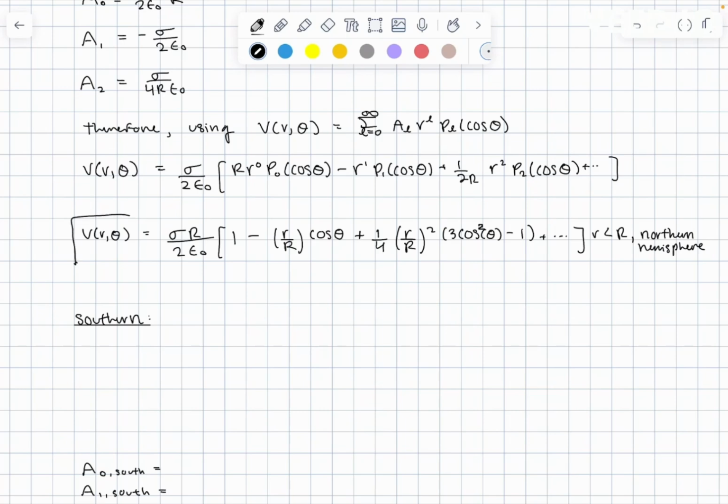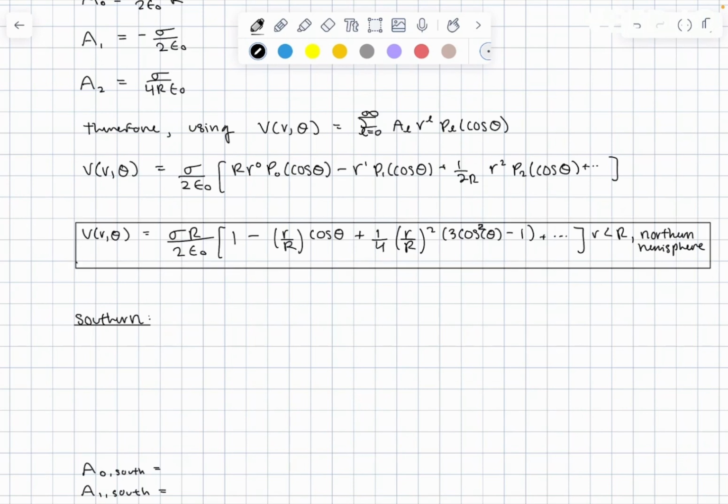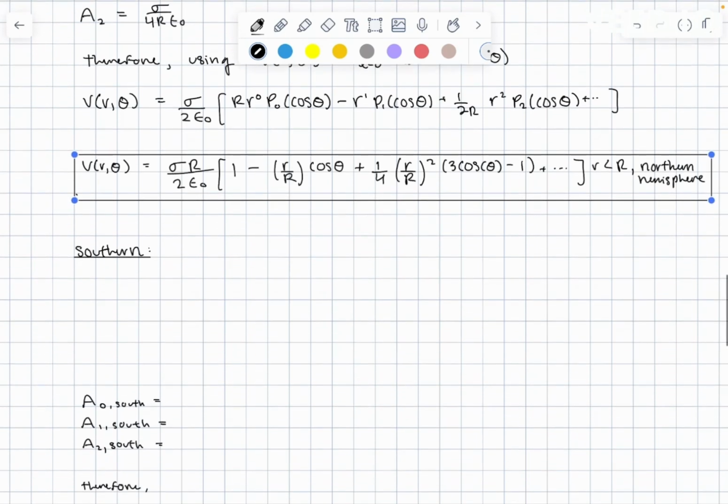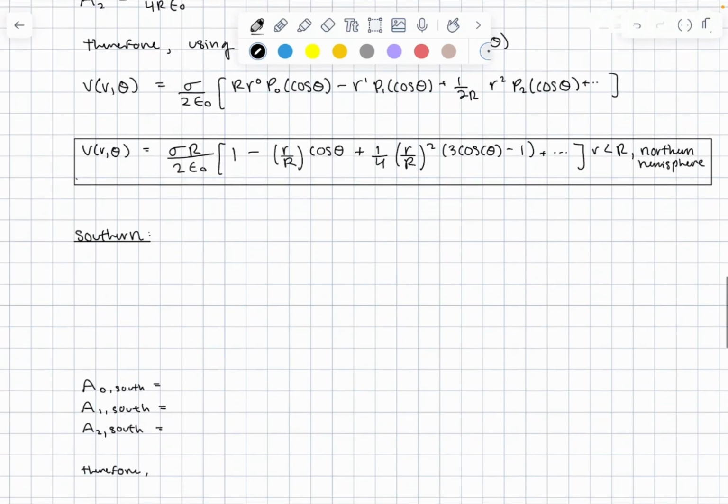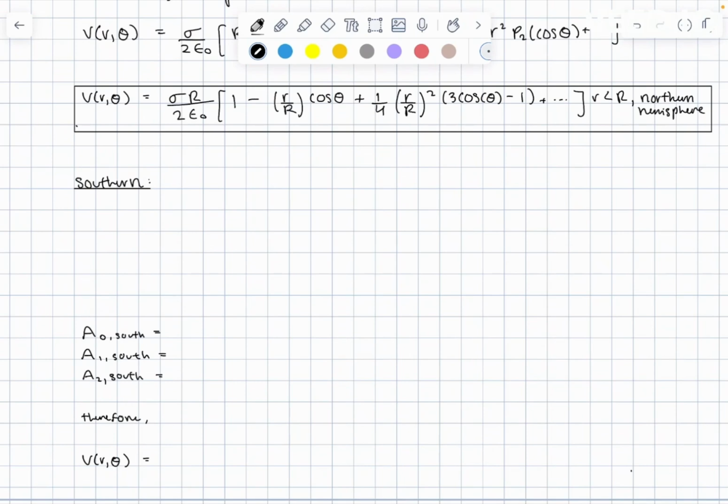Okay. Now we're going to need to do the same for the southern hemisphere. But for our southern hemisphere, we'll have to use the potential at R and pi, right? Because theta being 0 is not an option for that southern hemisphere.